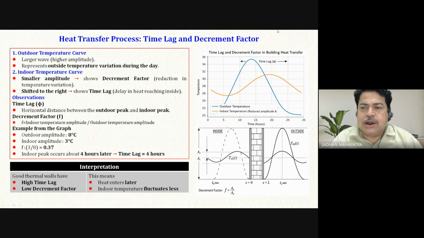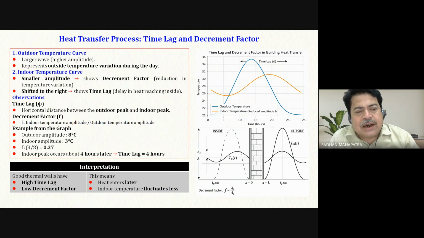Here you can see the maximum occurs say at 2 o'clock, whereas in this case the maximum occurs maybe at 6 or 7 o'clock. So basically you are shifting the maximum temperature and there is a drop. Here the maximum is roughly 35 degrees centigrade, whereas in the indoor case the maximum is maybe 31 degrees centigrade.